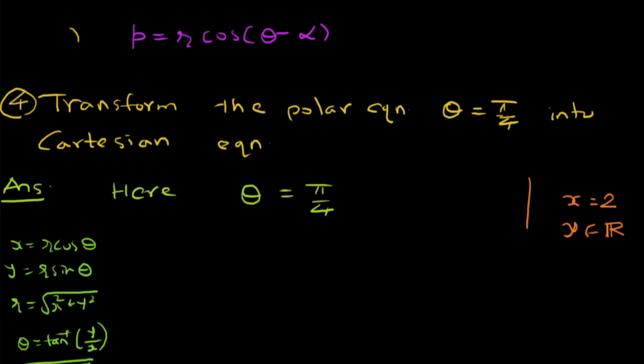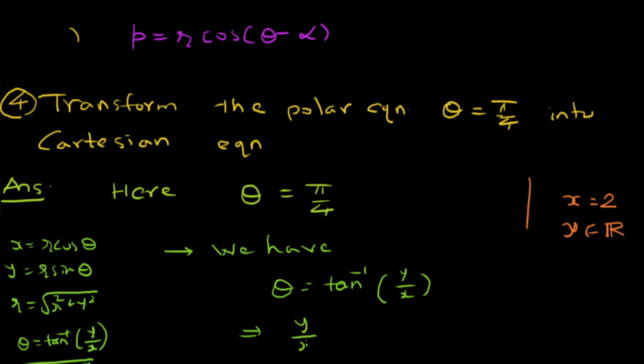So yes, this will be fine. Let us write it this way. We have theta is equal to tan inverse of y upon x. Writing this relation in this form, y upon x is equal to tan theta, and now substituting the value of theta, you will get y upon x is equal to tan pi by 4.